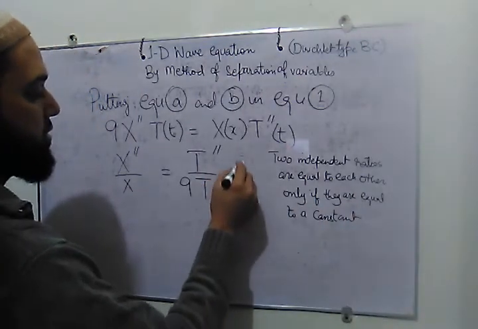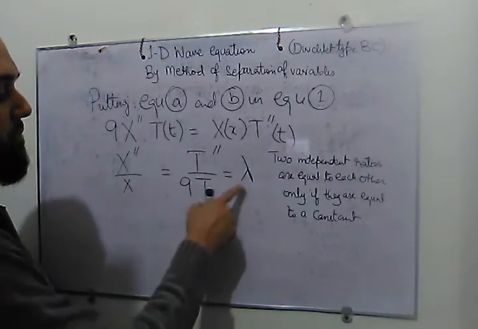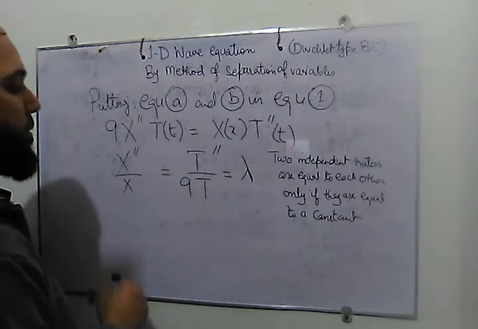So we take lambda as the constant, and we call lambda the constant of separation.